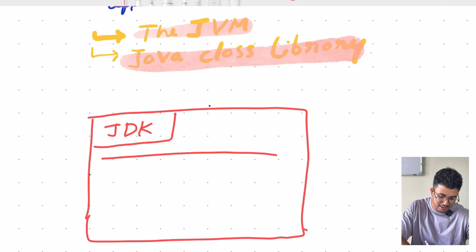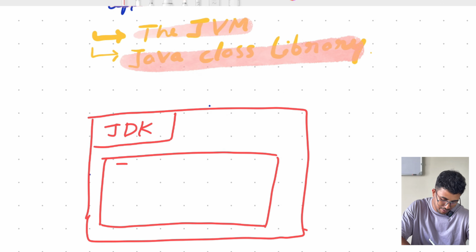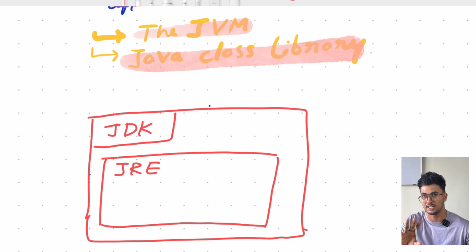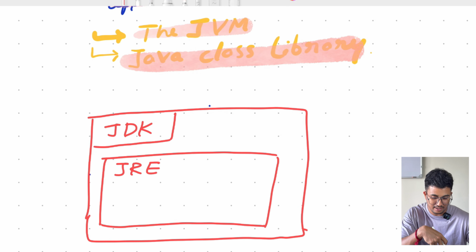JRE here is the kitchen. Why? Because it gives us a platform to prepare the pizza. So the kitchen is JRE, I mean Java Runtime Environment. It gives the platform to run the code, and in the pizza example, it gives the platform to bake the pizza.